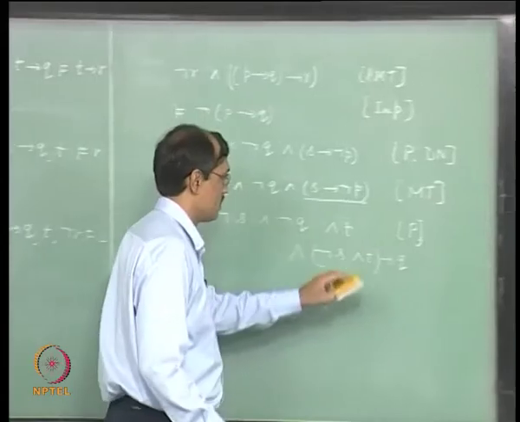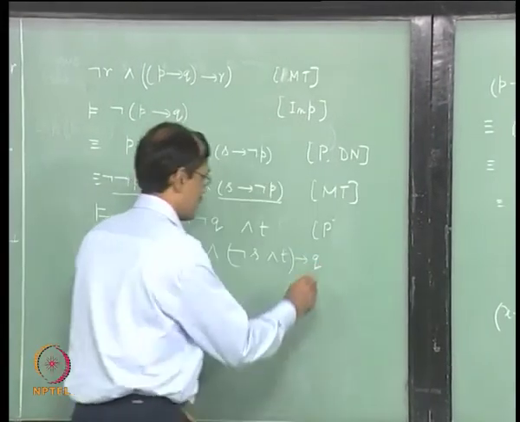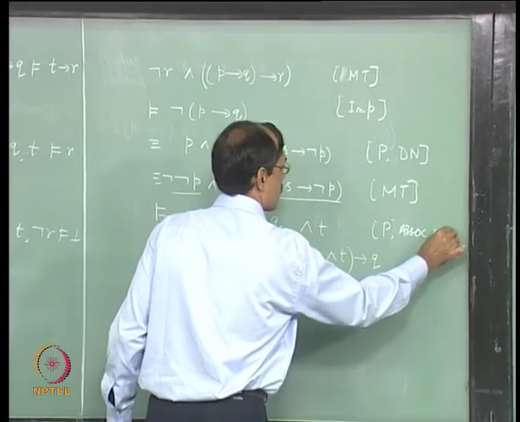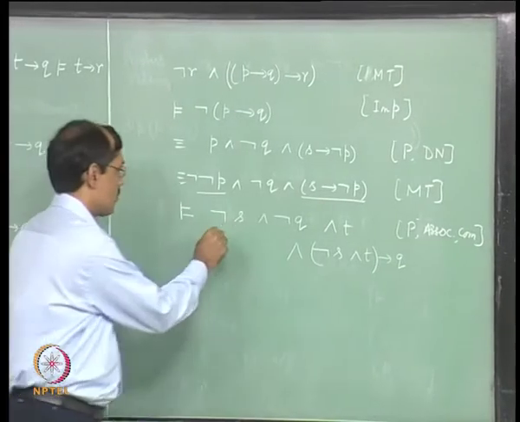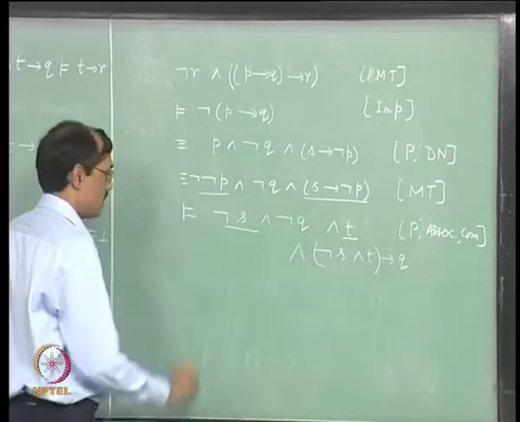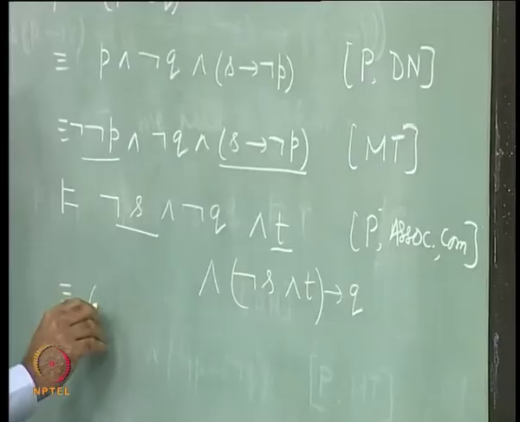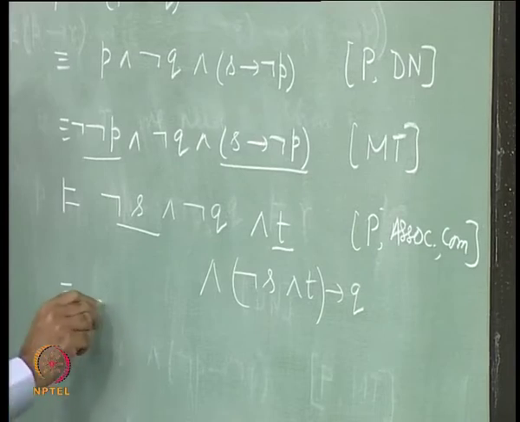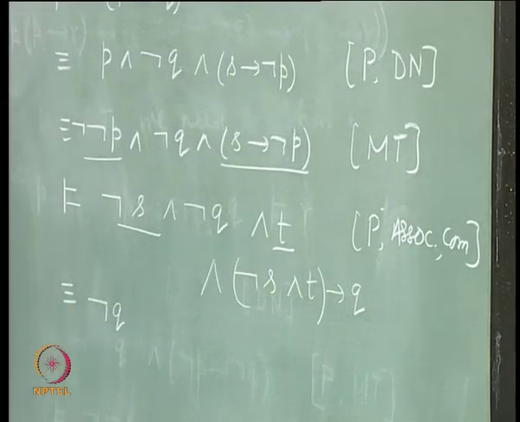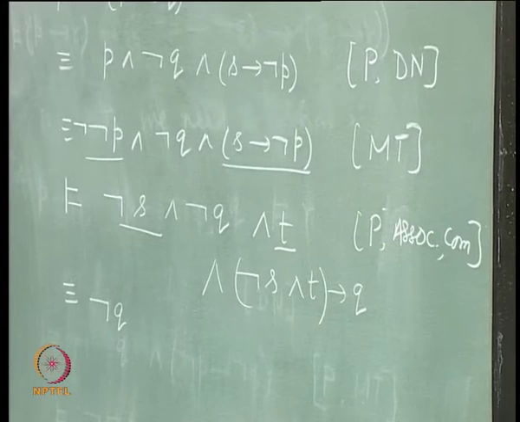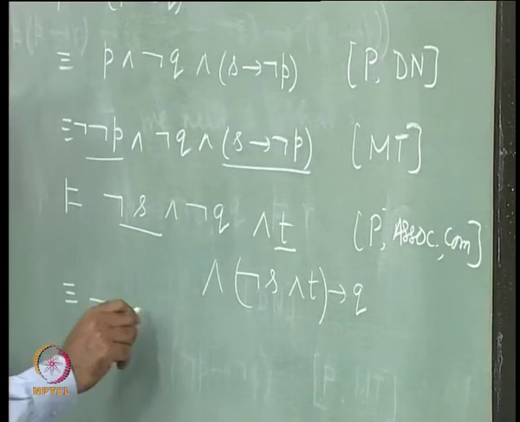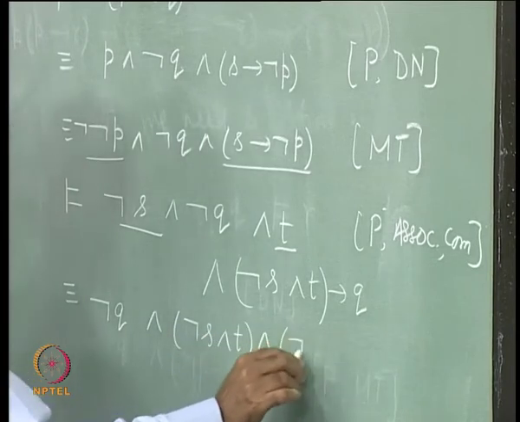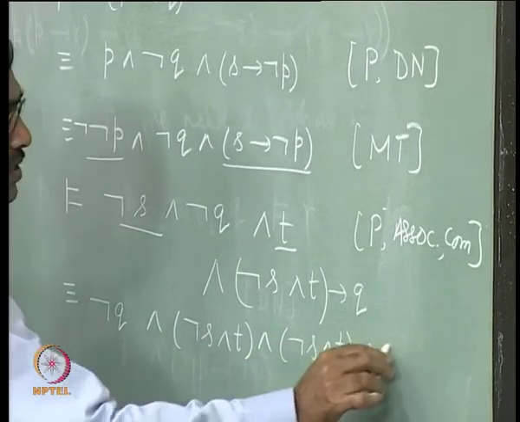So let us write that, bringing them together. We can keep it, we do not know whether we will need it or not. Let us continue and see. So, not Q and not S and T and not S and T implies Q.